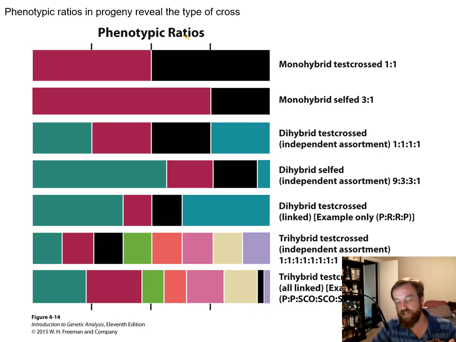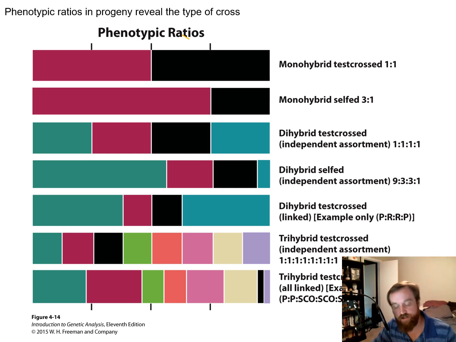Okay, so this is a pretty important slide that you should definitely look into memorizing these ratios because they're important. The phenotypic ratios from Mendelian genetics and some of the linkage that we talked about are indicators of what type of cross or where these genes are, right?